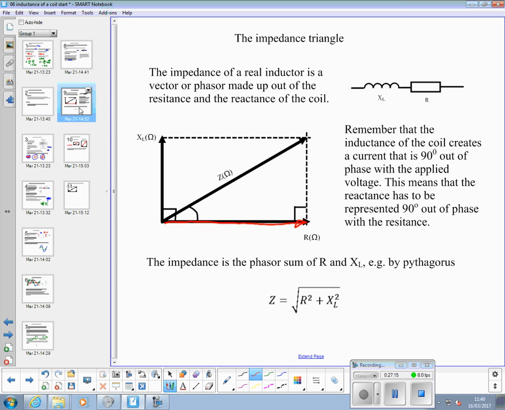That's fixed, so we fix that along the horizontal line left to right. And then our inductive reactance is 90 degrees upwards.